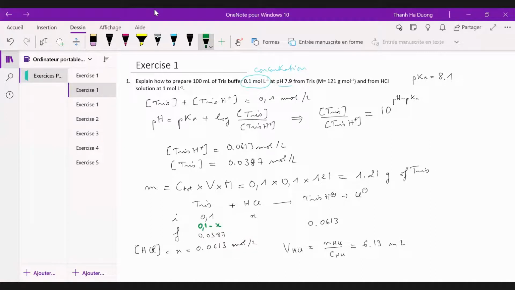You will not have any more hydrochloric acid at the end, and all the acid which reacts with the tris becomes tris H plus, becomes X. Because you have a total reaction.